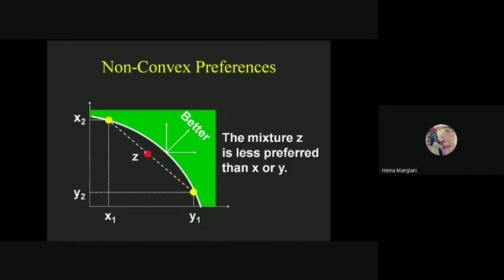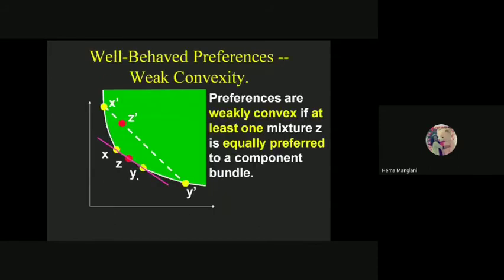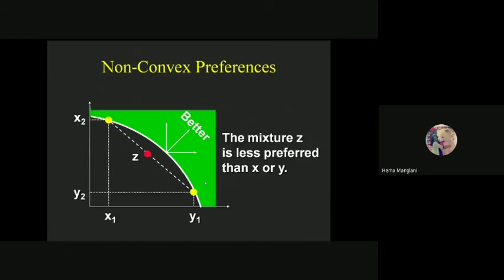That's why you would not choose the Z bundle in case of concavity, though you are choosing the same bundle in case of convexity. The reason behind it is that your MRS is declining, and the last triangle over here is a smaller triangle than this particular triangle, and that is why your MRS is declining in this case. So that's the difference between these two preferences, the convex preferences and the non-convex preferences.